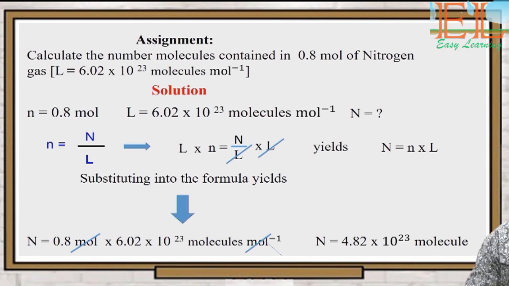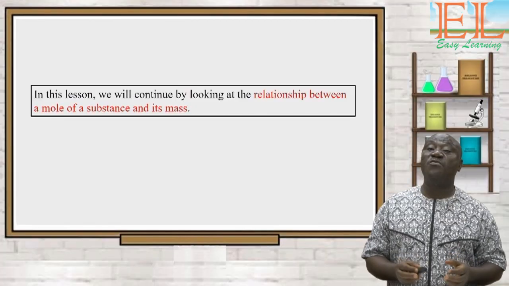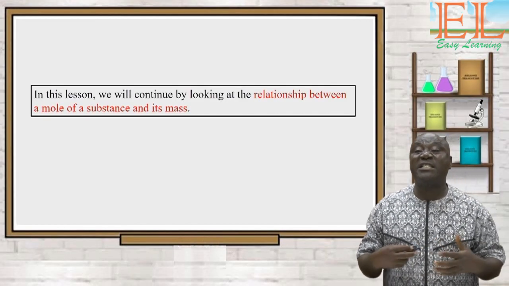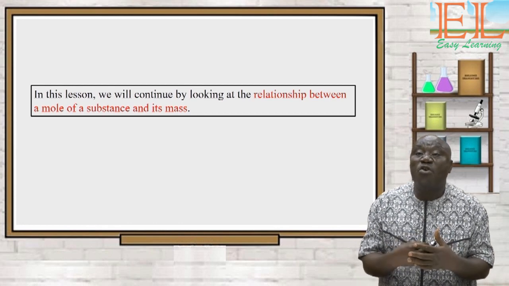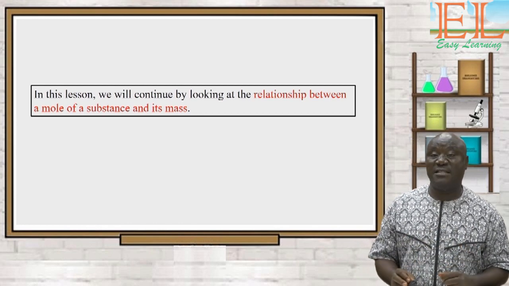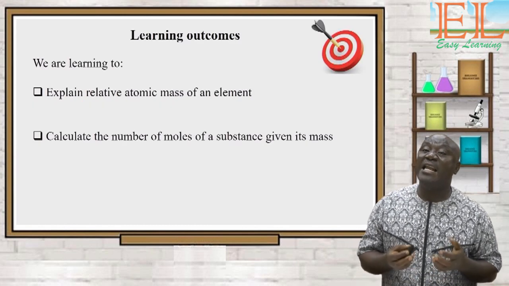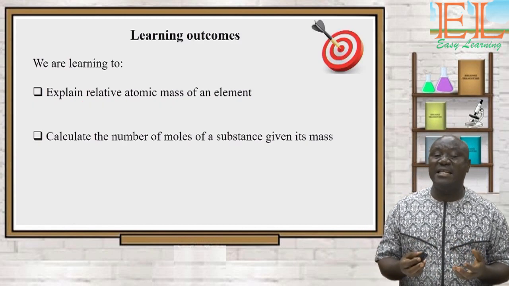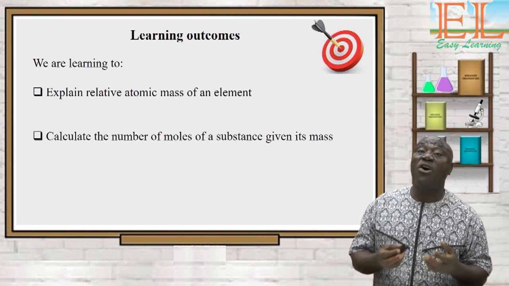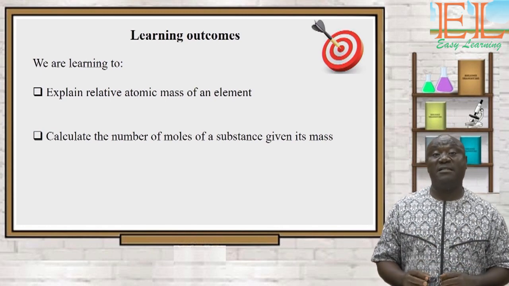In this lesson, we are going to continue by looking at the relationship that exists between a mole of a substance and its mass. In this lesson, we are learning to explain relative atomic mass of an element.